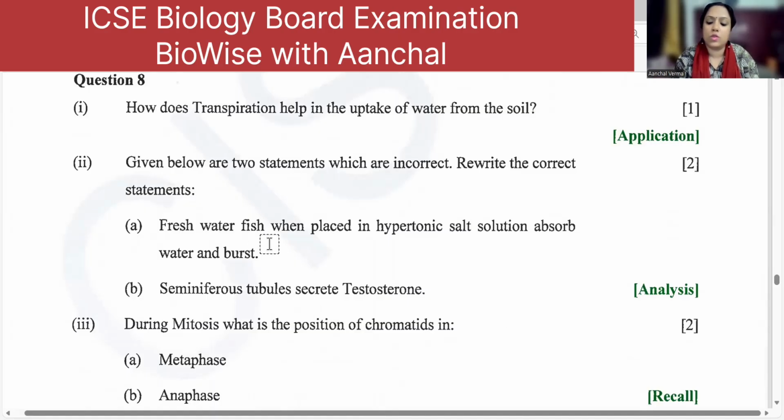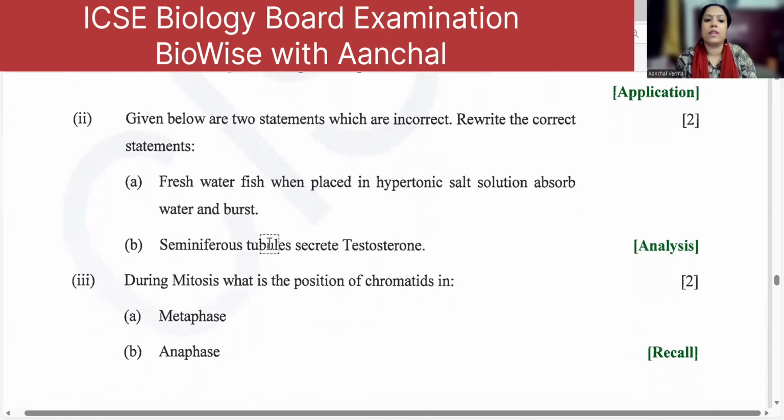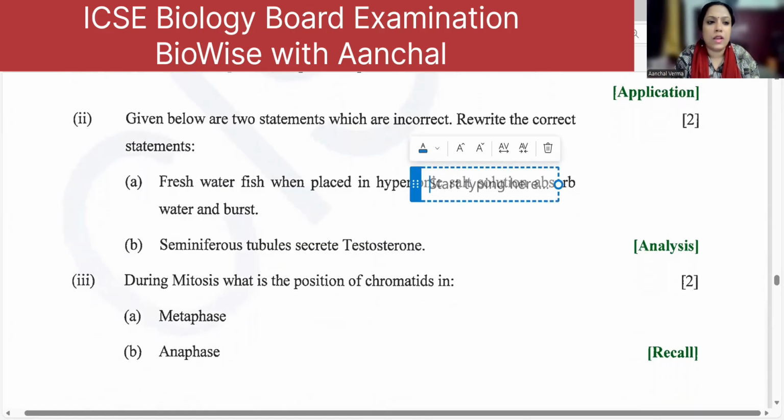Given below are two statements which are incorrect. Rewrite the correct statement. Freshwater fish, when placed in hypertonic solution, absorbs water and burst. Now, freshwater fish, when placed in hypertonic solution, will lose water, not absorb water. Right? So make this hypotonic.